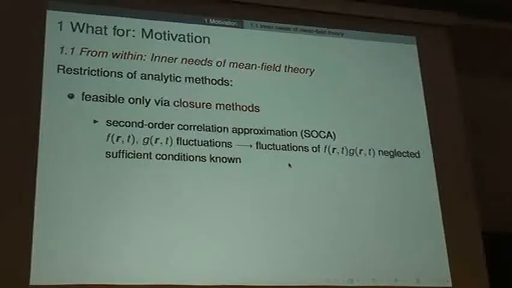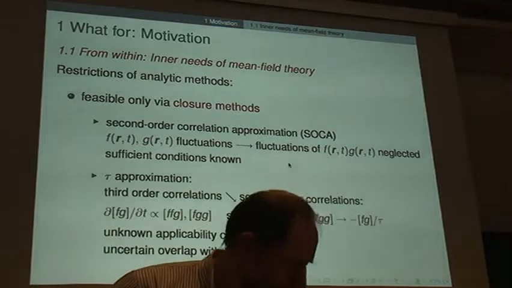The average of this product is what we are interested in, for instance the mean electromotive force, but the fluctuations play a role in the governing equations. SOCA says we simply neglect them, and this leads to considerable simplifications in the work. And what is the advantage of this closure assumption? We know about sufficient conditions for its applicability.